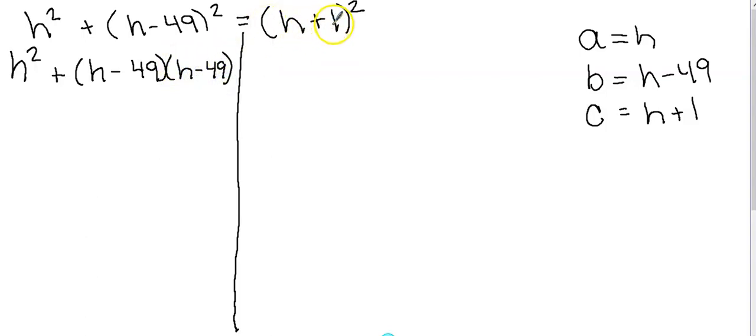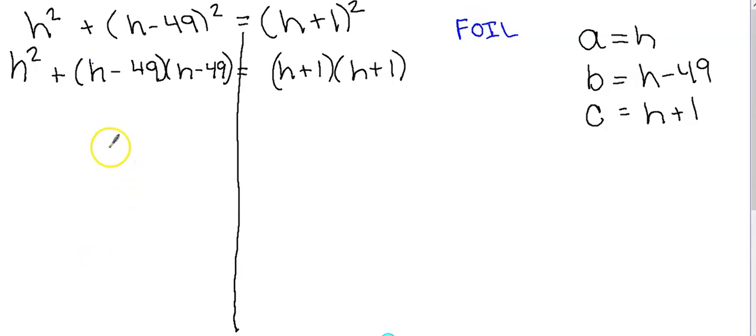And H plus 1 squared is the same as H plus 1 times itself, so here I have H plus 1 times H plus 1. Now to get rid of these parentheses, I need to FOIL: first, outside, inside, last.